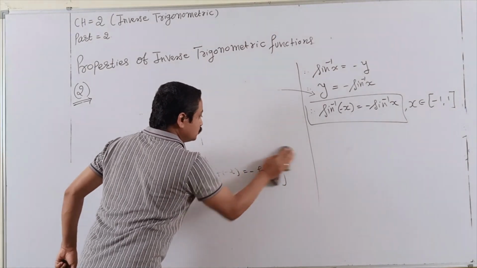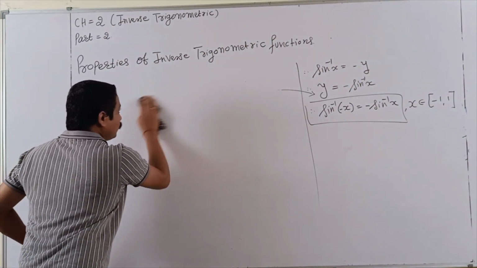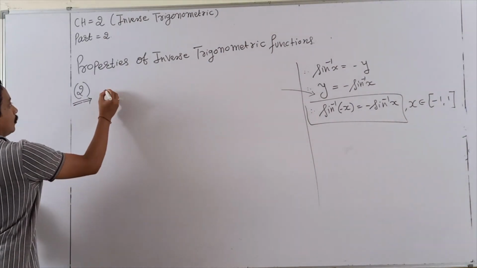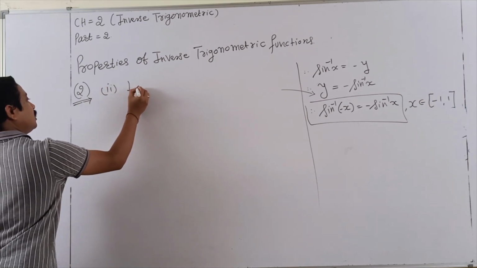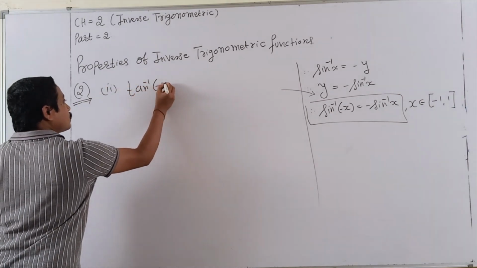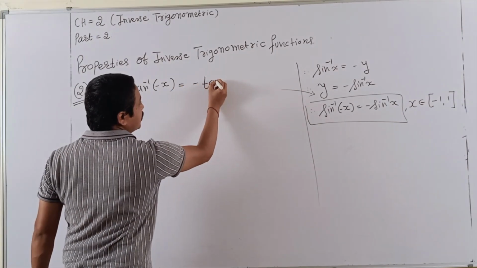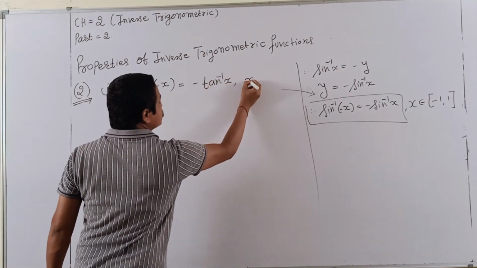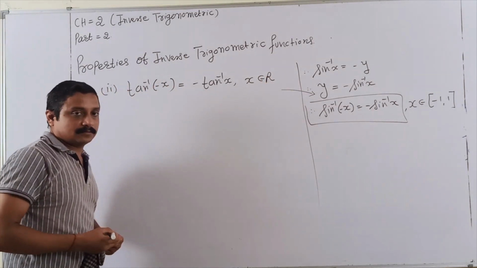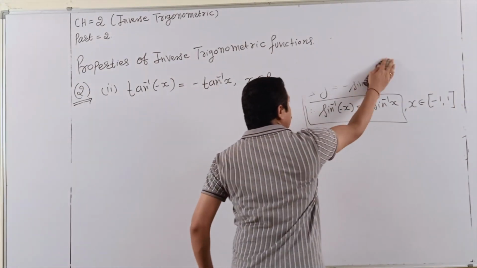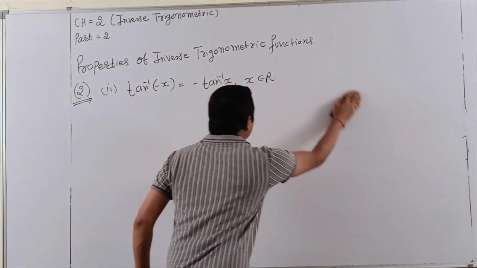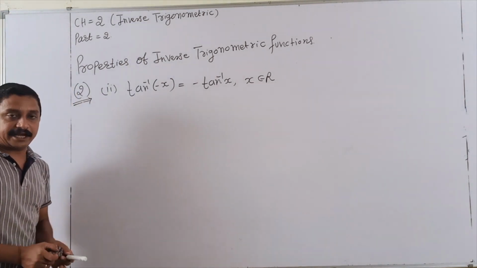Property number 2: tan inverse of minus x is equal to minus tan inverse x, where x belongs to R. The proof is the same as in our theorem 2. Now the second one.